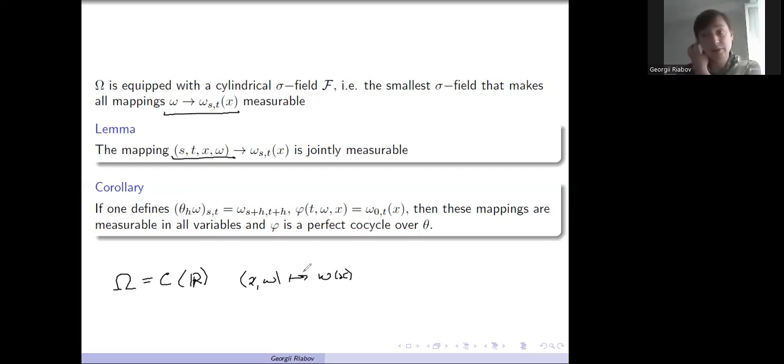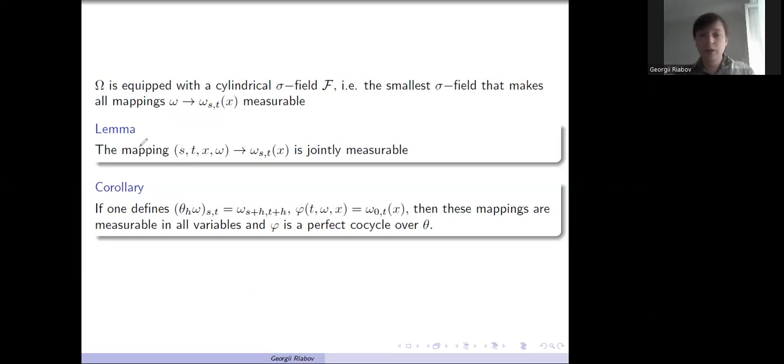It is even jointly continuous. And we don't have this property when omega is the space of all functions. So in the space of all functions, such a mapping is not measurable. Okay. Now we will show why this lemma is true. But before that, we have a consequence.